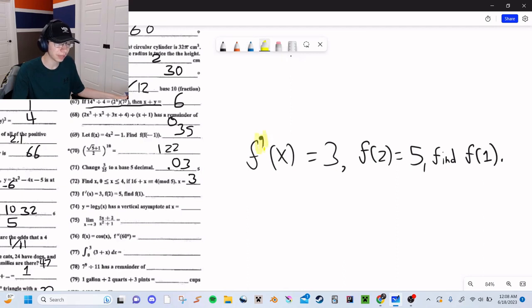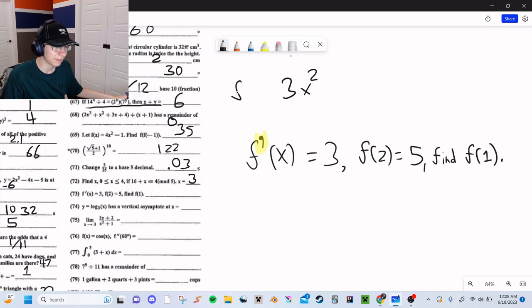What is f prime of x? This is the derivative of f of x. So what's the derivative of a function? Might be a bit much to go over, some calculus stuff. But basically, what you can think of it as, and I'll give you like a real rough explanation.